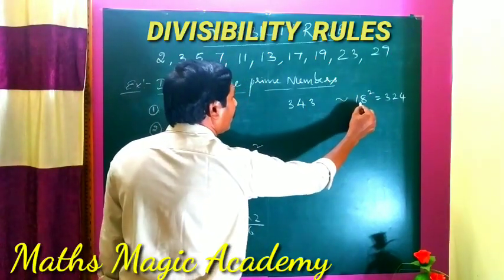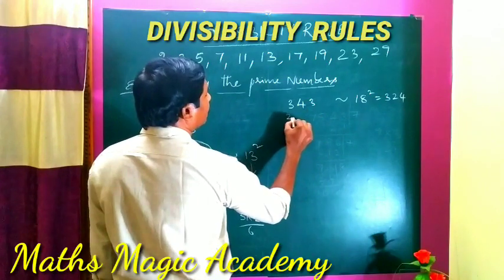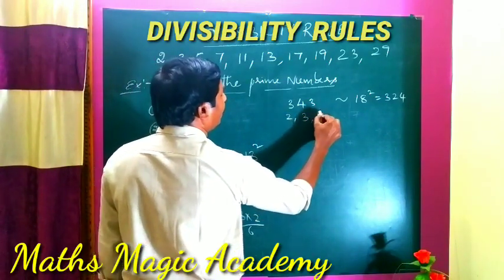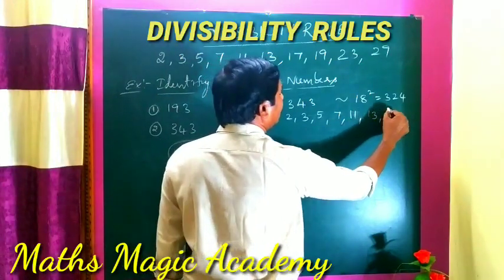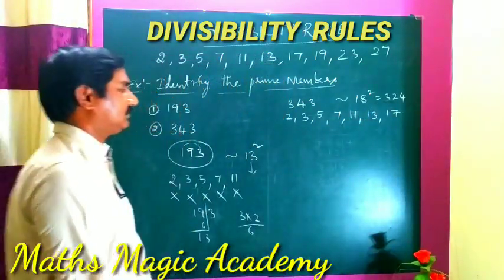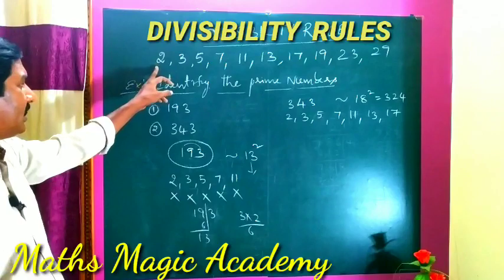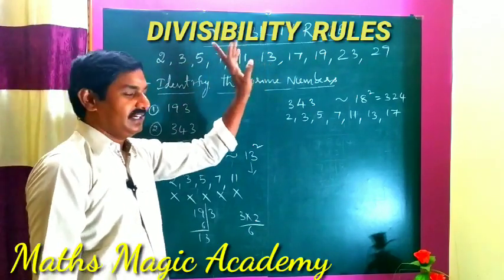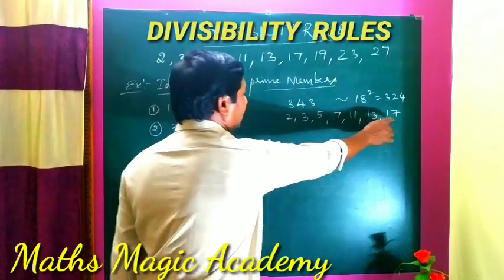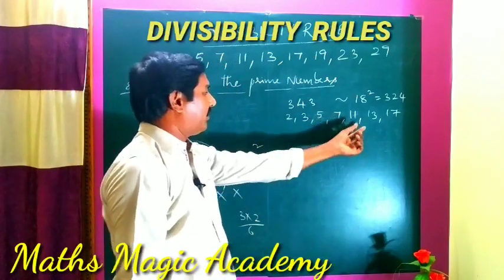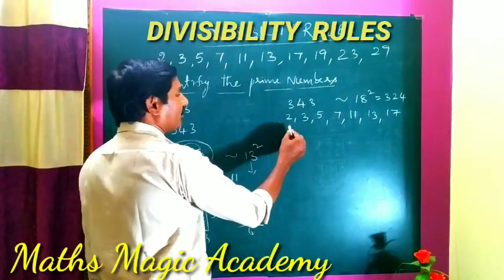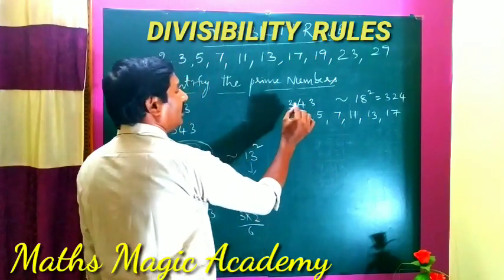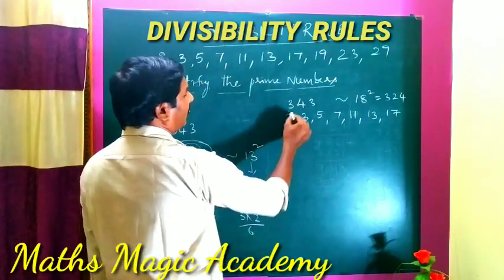That's why before 18, what are the primes? 2, 3, 5, 7, 11, 13 and 17. These are the prime numbers before 18. Then we have to check whether 343 is divisible by these numbers or not.